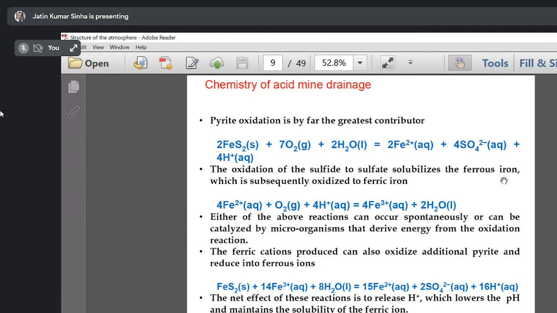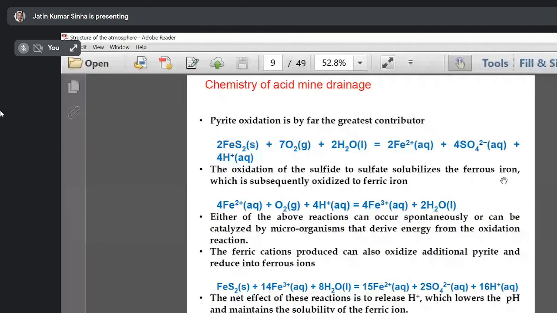It takes the H plus ions and the oxygen and is converted to Fe3 plus and H2O. Now, once we have Fe3 plus dissolved in the water system, it also has an oxidizing capability, which can also oxidize the pyrite. So it works as a chain reaction.